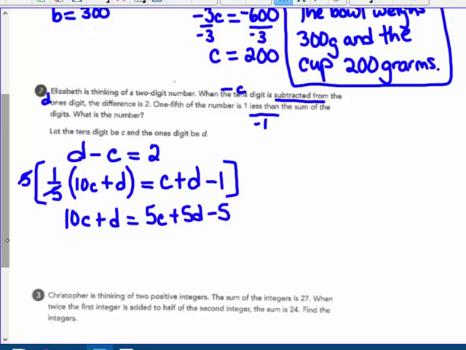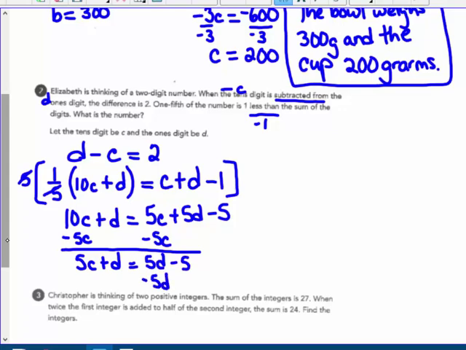So let's get everything together on one side. So let's combine like terms, move the smaller one. And I'm going to get 5c plus d equals 5d minus 5. Well, now if I subtract 5d from both sides, get the d's together.